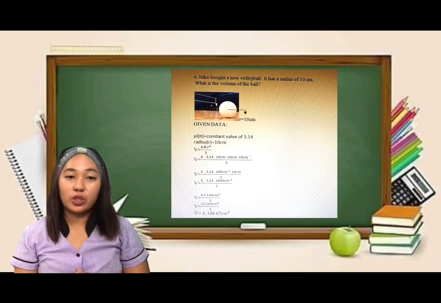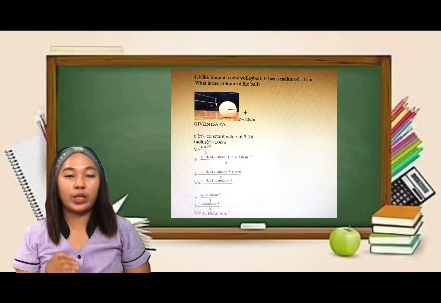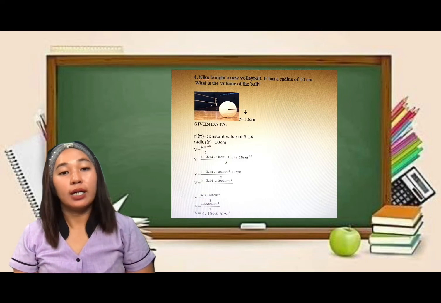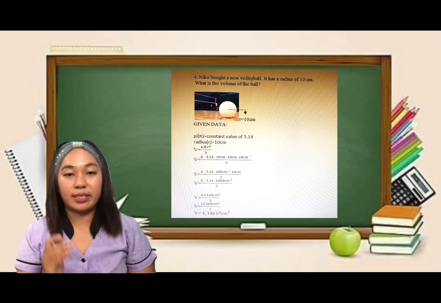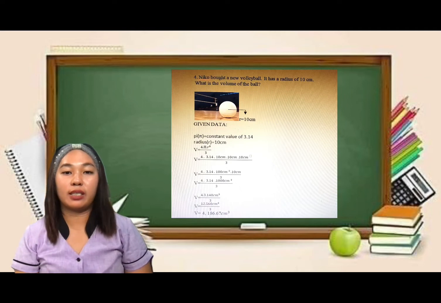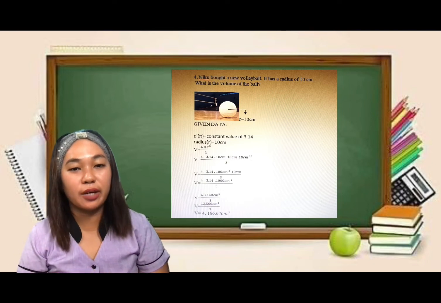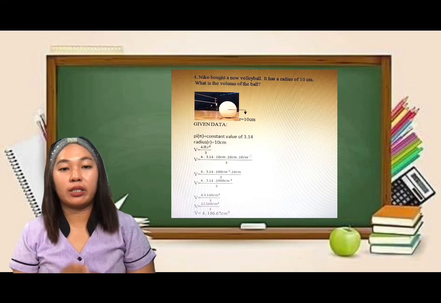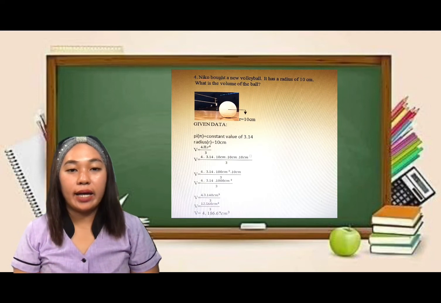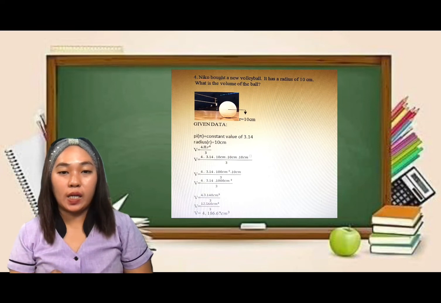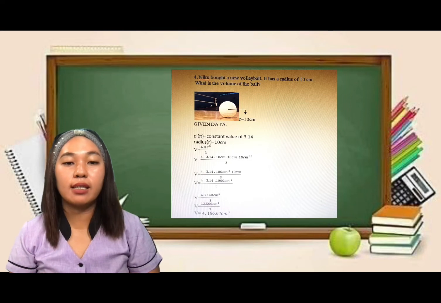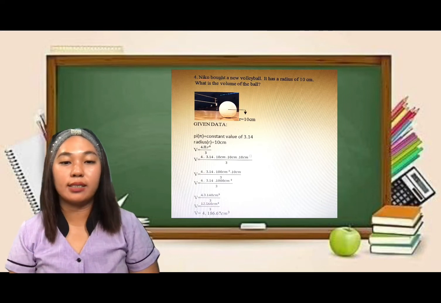First, we need to solve the radius cubed, which is 10 centimeters cubed. So, 10 centimeters times 10 centimeters times 10 centimeters. First, 10 centimeters times 10 centimeters is 100 centimeters squared. Then we multiply it by 10. 100 centimeters squared times 10 centimeters is equal to 1,000 centimeters cubed.